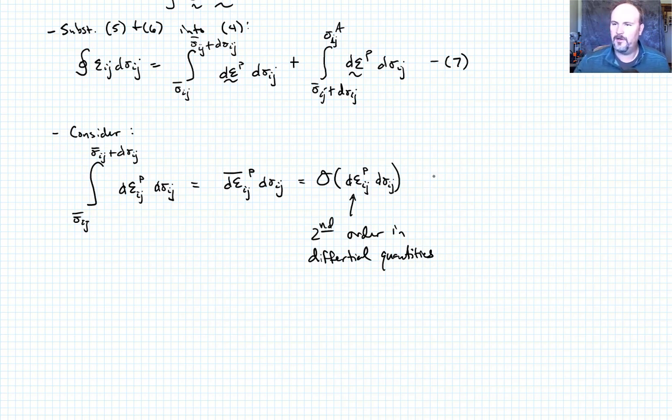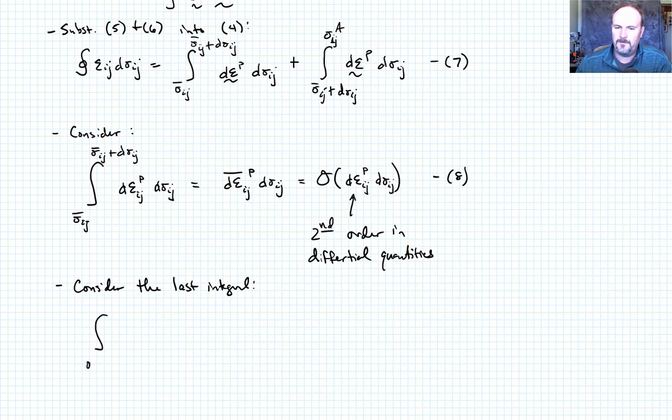So what we're going to do is show that it's negligible, and we can set it equal to 0. And now we can consider the last integral, the integral from sigma ij bar plus d sigma ij up to sigma ij a. And it's important to remember that the plastic strain increment now does not change.